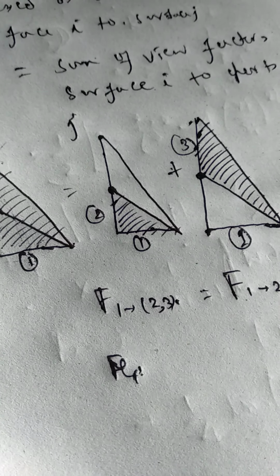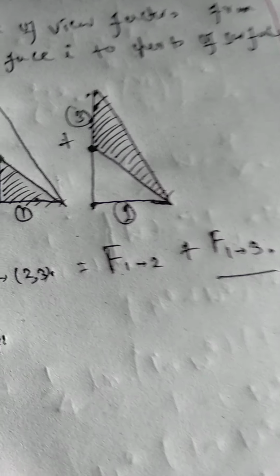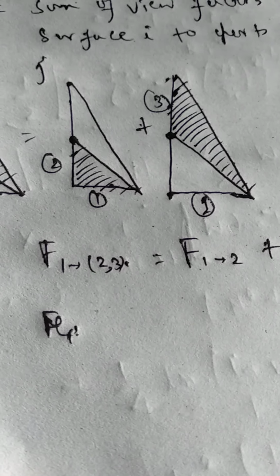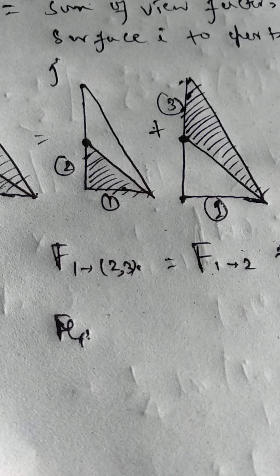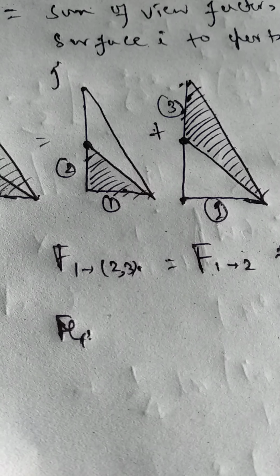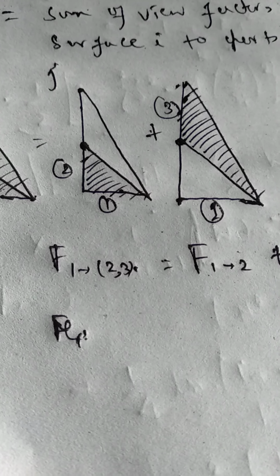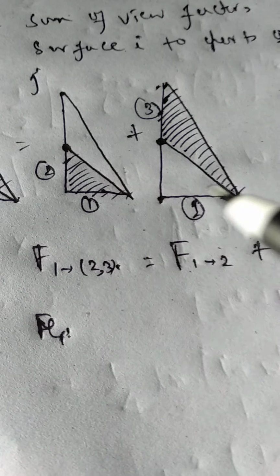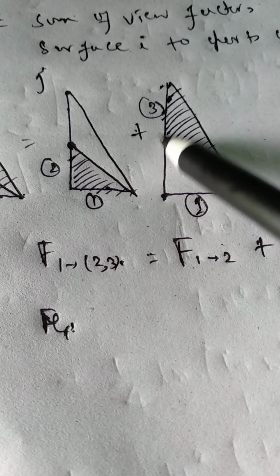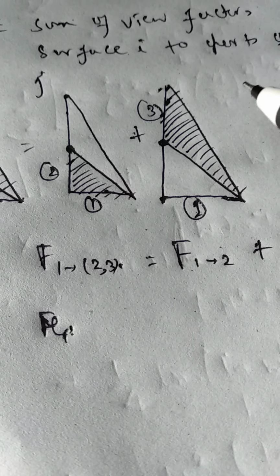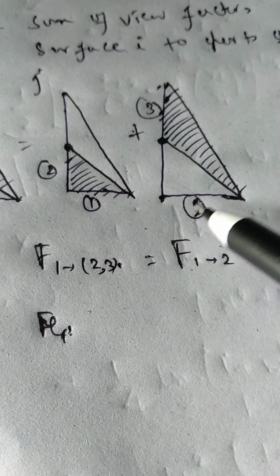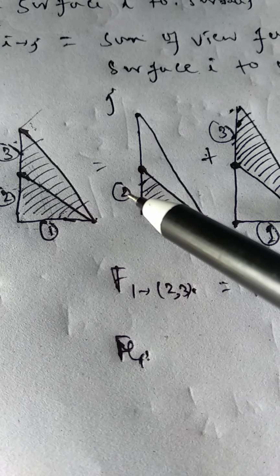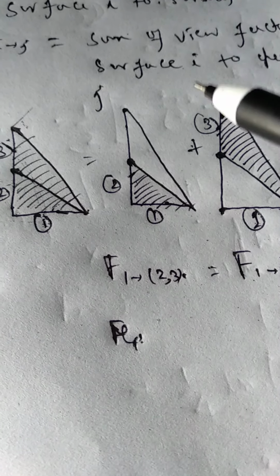Now suppose we want to find this view factor F1 to 3 directly. It is not possible, as it is not given in any standard charts or in any standard form. So for calculating this view factor F1 to 3, we need to determine F1 to 2 and F1 to the combined surfaces 2 and 3 from the standard chart.